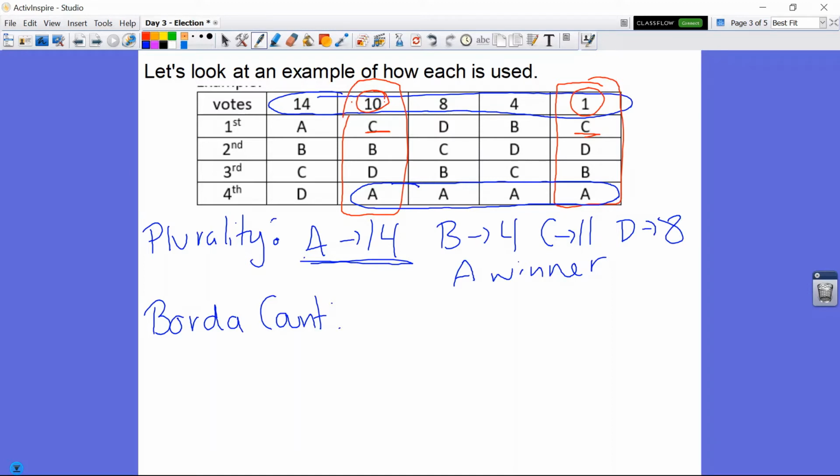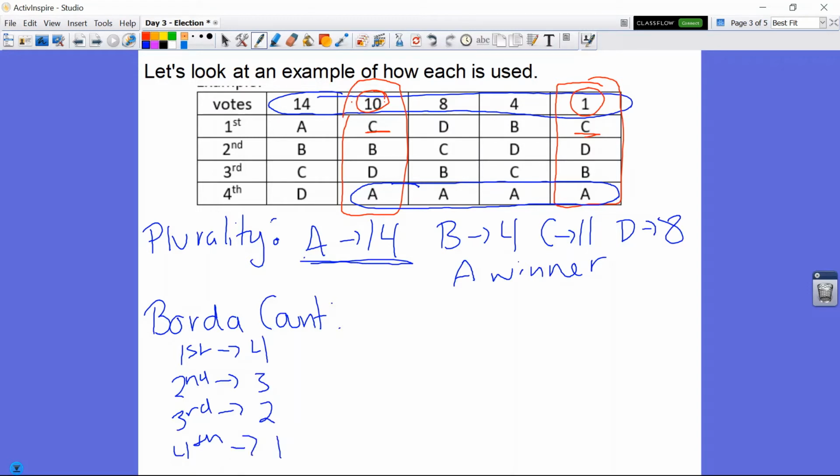So for Borda count, we're assigning points. Since there are 4 candidates here, there's going to be first, second, third, and fourth. You're going to assign 4 points to first place, 3 points to second place, 2 points to third place, and 1 point to fourth place.